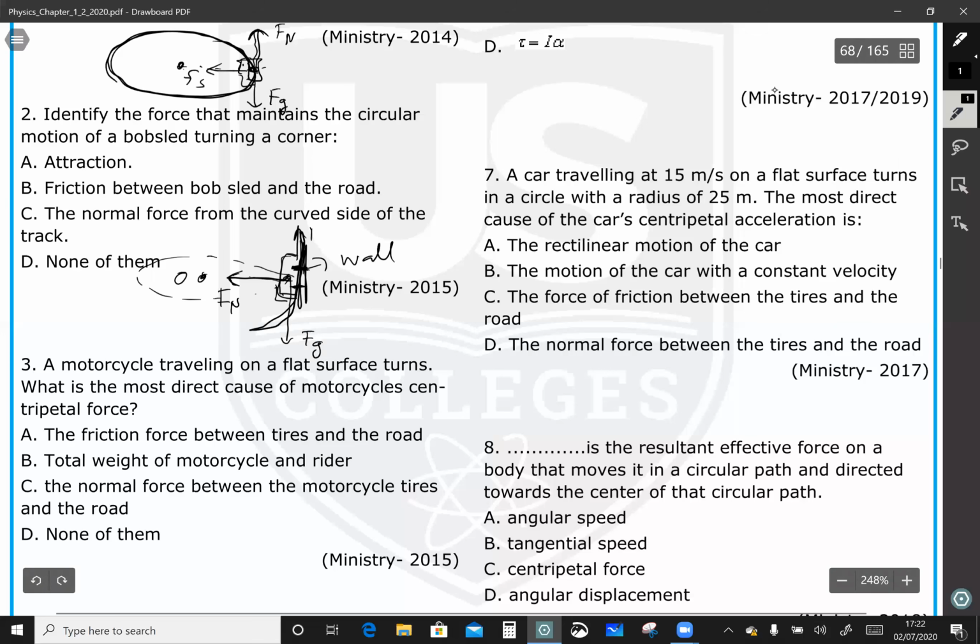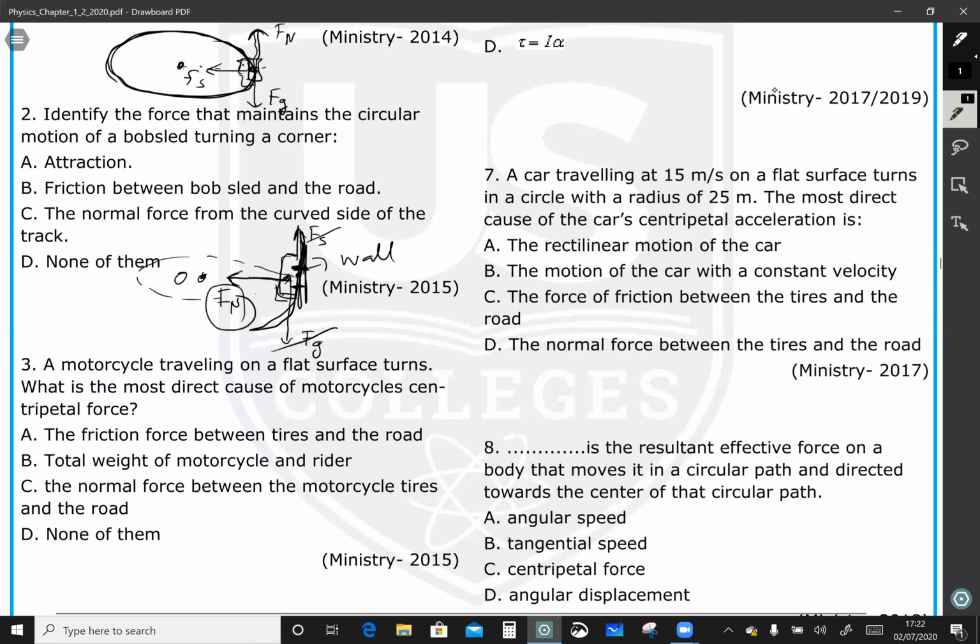That force is also balancing, or canceling, Fg. The bobsled can stay vertical on the wall, not sliding down, not going up. In this case, we can say that the only force pointing to the center of the circular path is Fn.